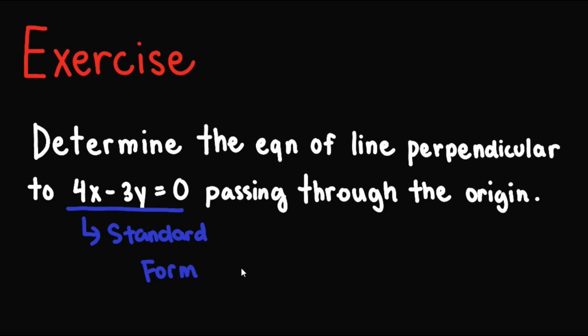So what you'll be doing is first converting this to its slope-intercept form so that you can get the slope easily. Moreover, we aren't given the exact point, we are just told that it passes through the origin.